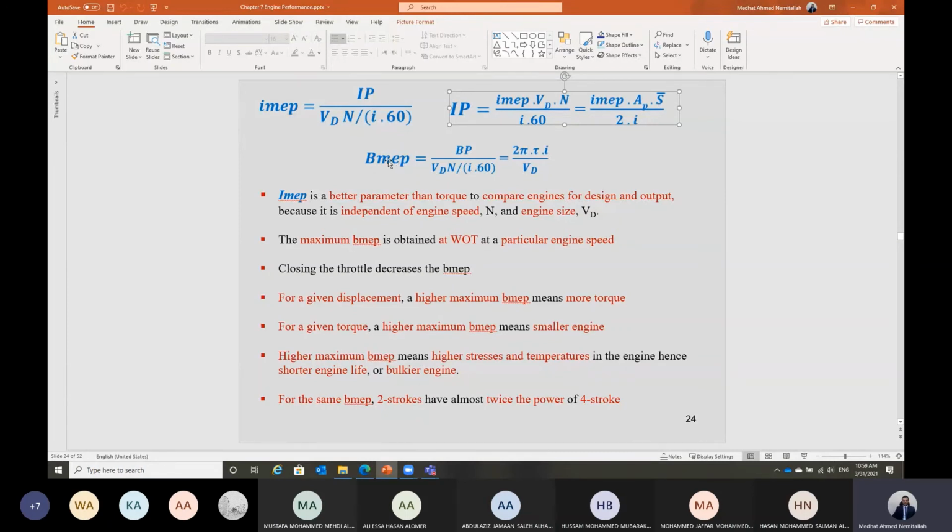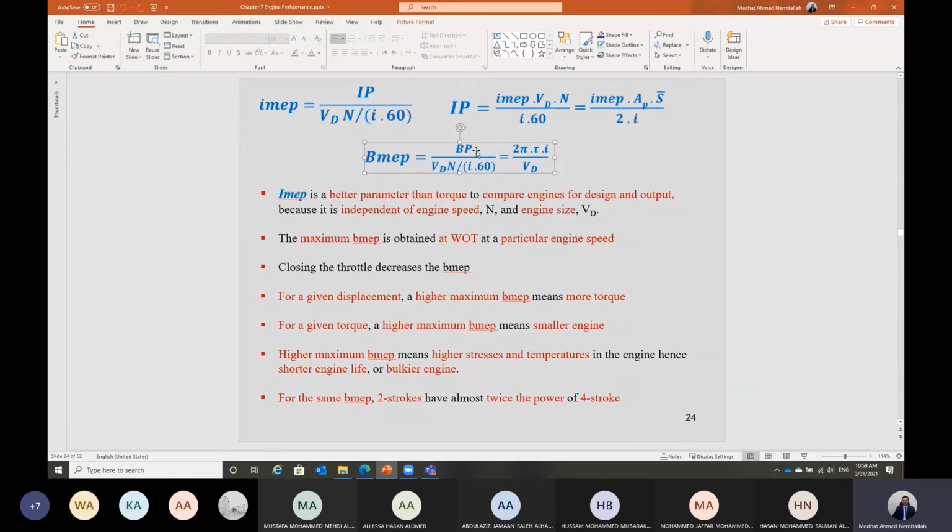Like this, we can define the brake mean effective pressure, which is the brake power divided by V dot stroke. Brake power is torque times omega. Omega is 2 pi N. N will cancel with N, and at the end we can define the brake mean effective pressure as a function of the torque and the displacement volume, per unit displacement.